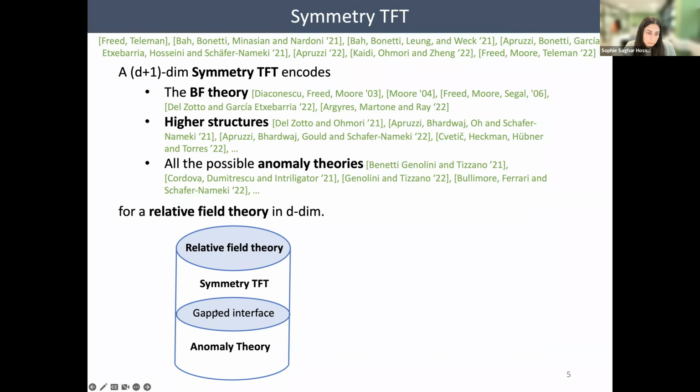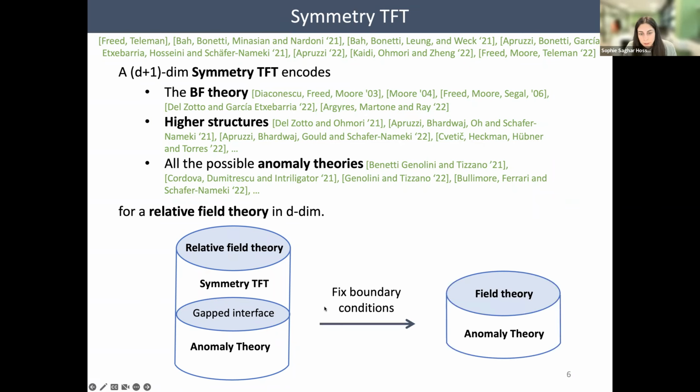So in this picture, we have a quantum field theory which lives on the boundary of this D plus one dimensional symmetry TFT. And when we choose boundary conditions, we are fixing what global structure we have, and then what we obtain from the symmetry TFT is the corresponding anomalies for those symmetries for this fixed field theory.